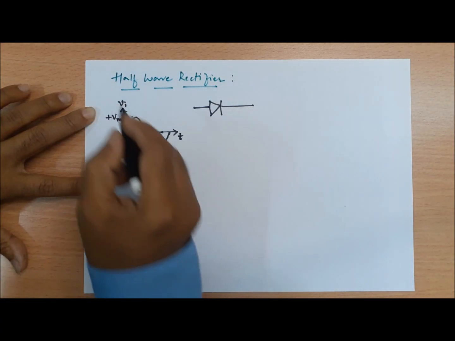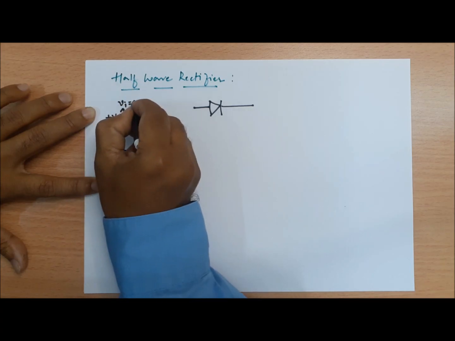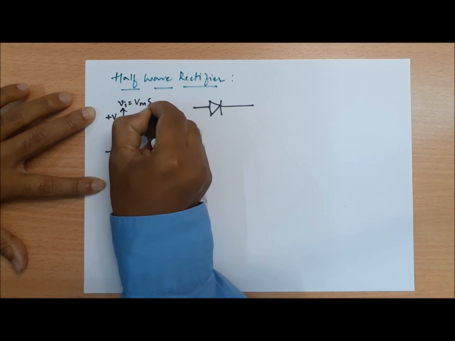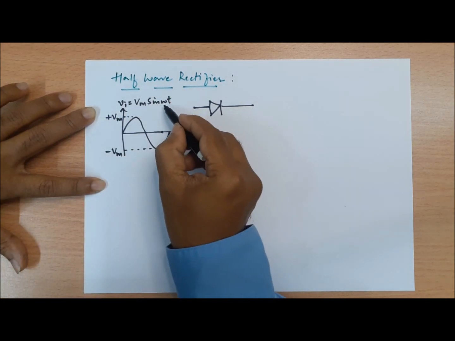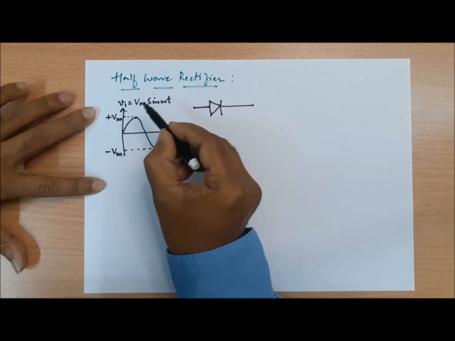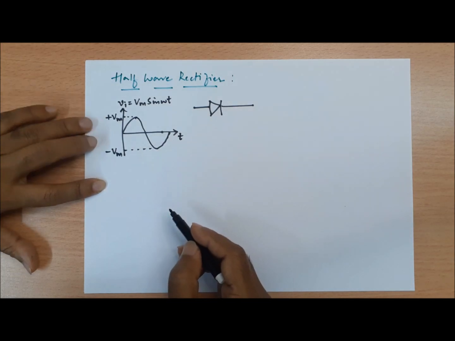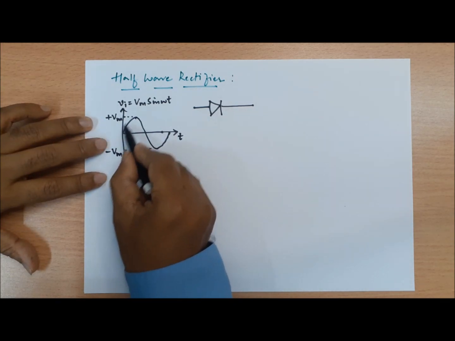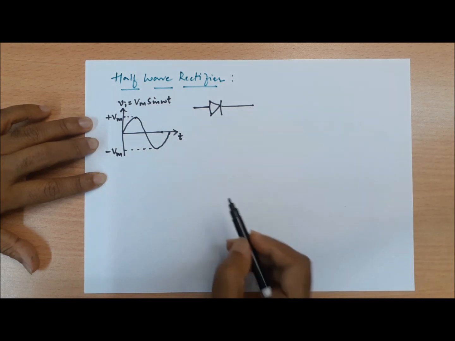Since it is a sinusoidal signal, it can be defined as Vi is equal to Vm sine omega t, where omega is the angular frequency and Vm is the peak voltage in the positive as well as negative half cycle. So when we apply this particular input signal to this diode, what will be the output?